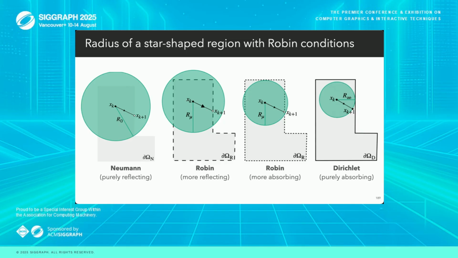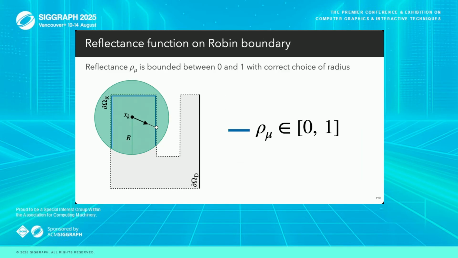So this choice of a star-shaped radius then introduces what we call a reflectance function on the Robin boundary, whose value is bounded between 0 and 1. So it naturally gives us a probability with which random walks should be absorbed on the boundary.